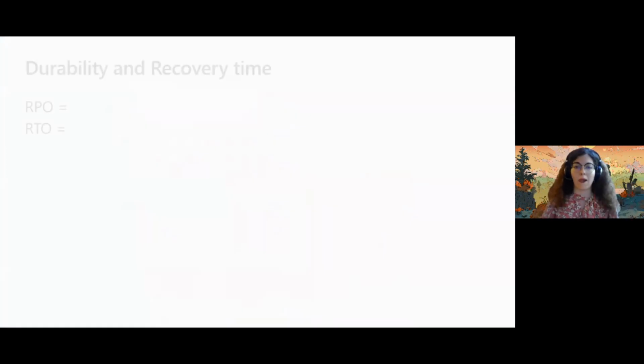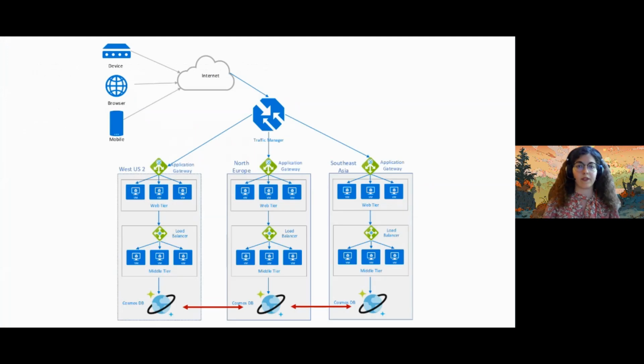Let's go to the third topic, the availability. So basically, the way to increase availability of your application, of your system, and so on, is to remove single points of failure.